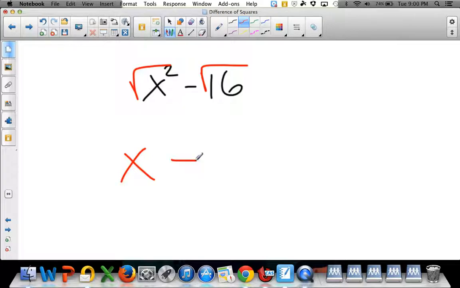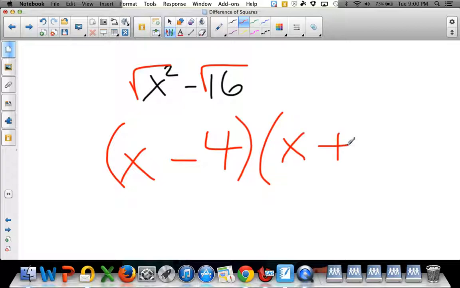The square root of 16 is 4. Put parentheses around that, and then I just rewrite it with a plus sign. Okay, easy enough.